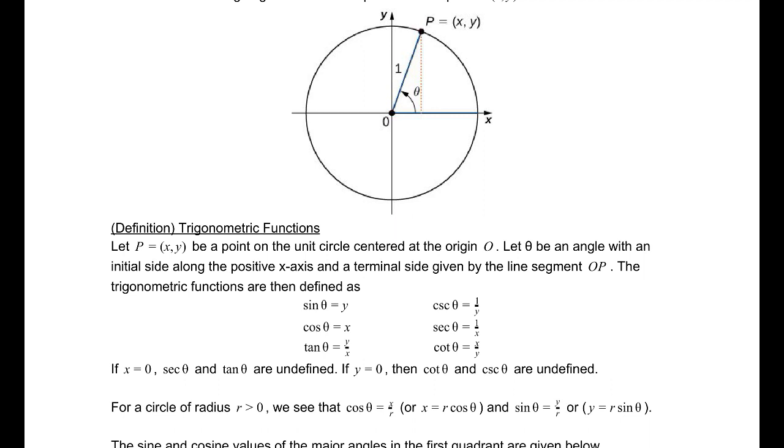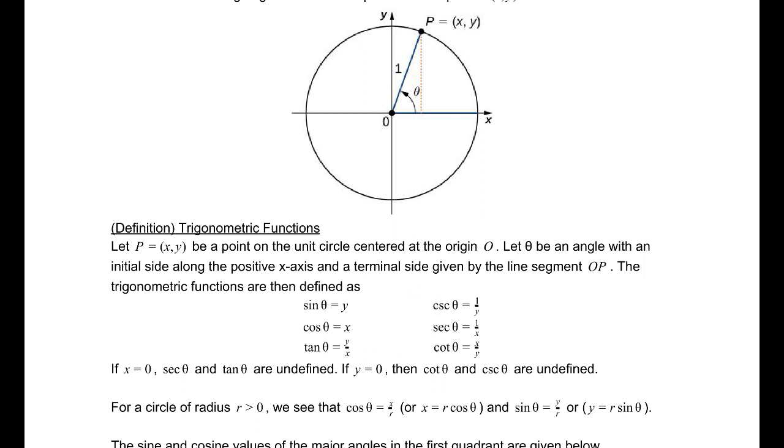The trigonometric functions are then defined as sine theta equals y, the y value of that point. Cosine theta is x. Tangent theta is y divided by x, the ratio there. Cosecant theta is 1 over y. Secant theta is 1 over x, and cotangent theta is x over y. So if you notice, these are reciprocals of each other.